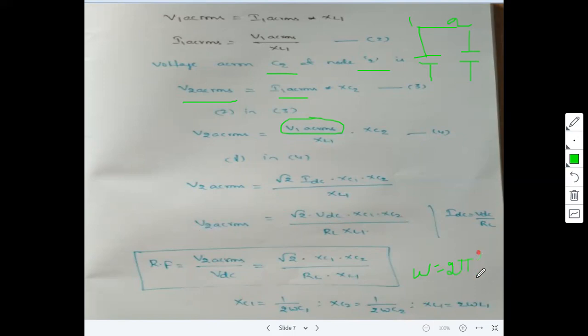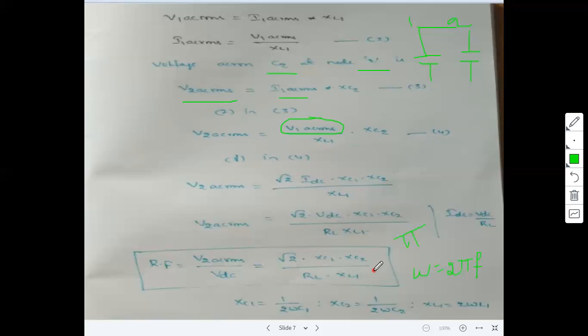Okay, this is the ripple factor derivation for the CLC filter or pi section filter. Among all filters, this filter offers a very low ripple factor. That means the output of this filter circuit is almost constant.